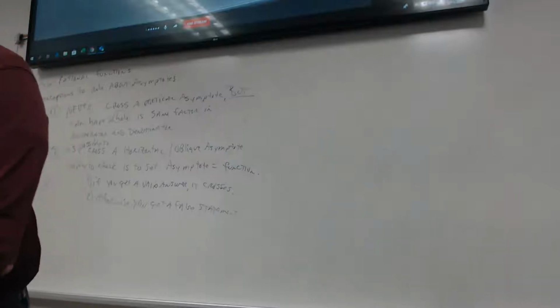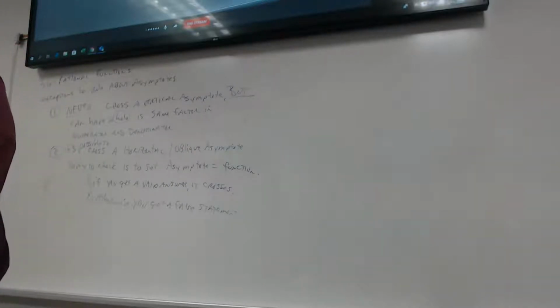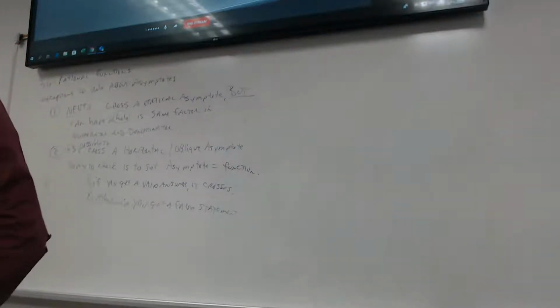So I will give you a couple of examples. Well, maybe, should I just do some? Should we just do some and then you'll kind of see? All right, let's do a couple examples here. Okay, let's see here.